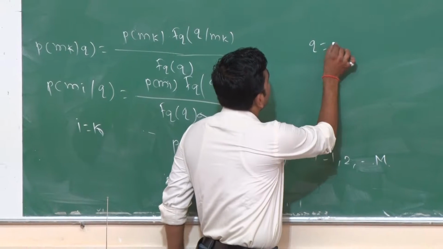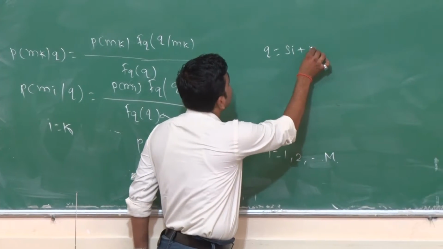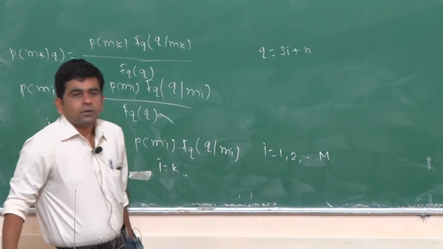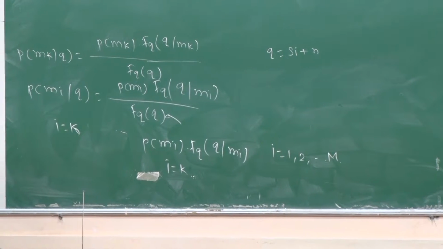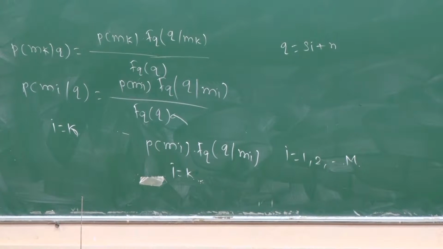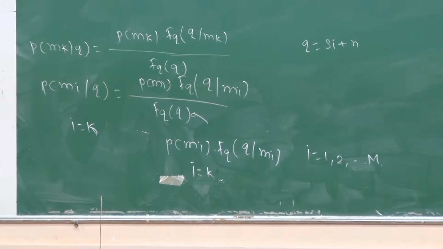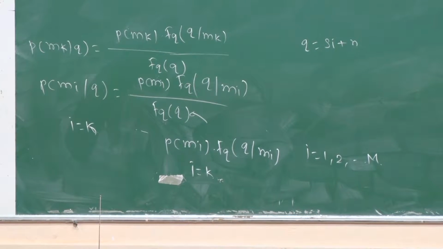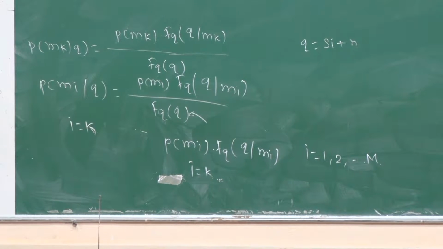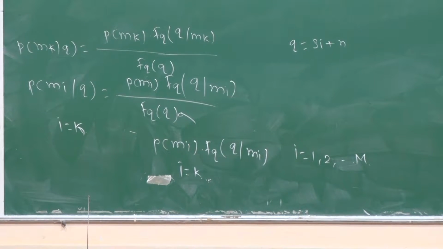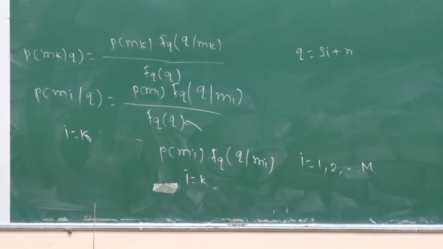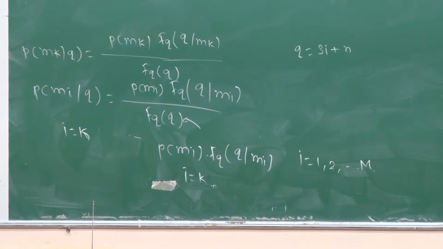So here q is given as si plus n. What is this q? x of t is equal to si of t plus n of t, out of which we have to devise the noise, which has infinite bandwidth. Ni of t is a part of noise which can be represented on the n-dimensional signal space, and n0 of t is a part of noise which cannot be represented on the n-dimensional signal space.